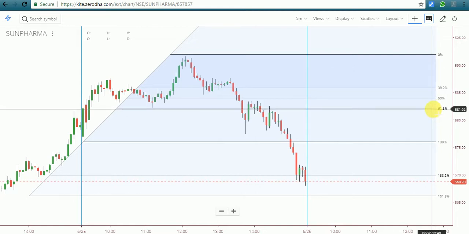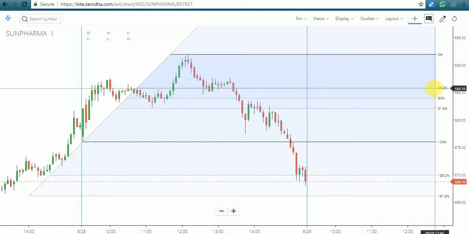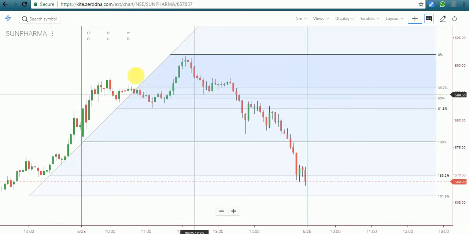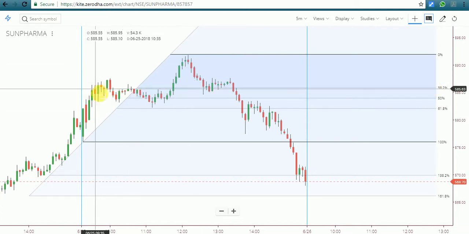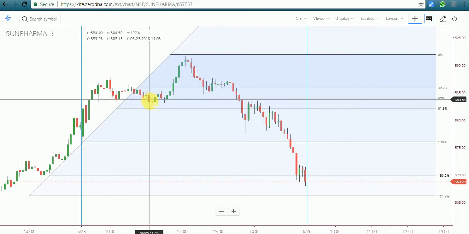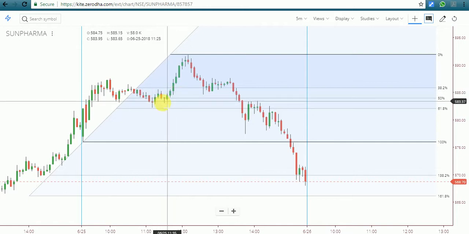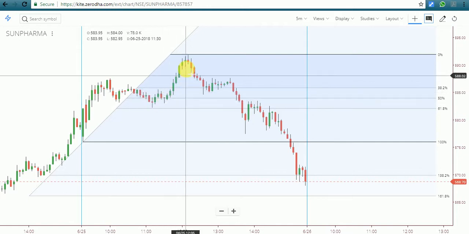61.8 retracement level is called weak, 50 is called a normal trend, and 38.2 is called a strong trend. So here, if you see correctly, from here it bounced back, then it respected properly here and then bounced back purely.